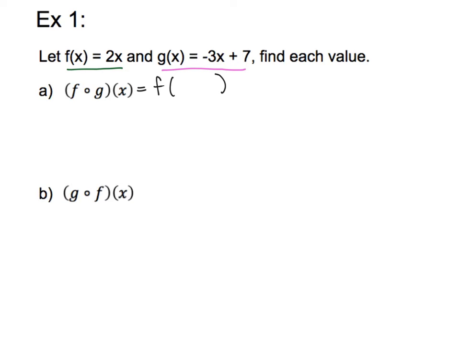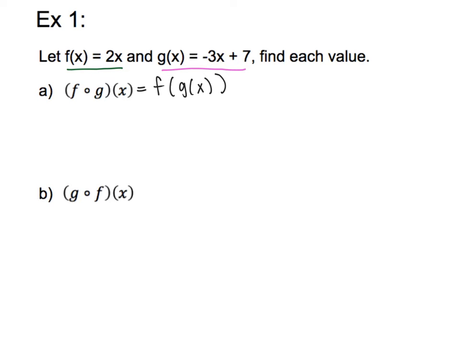It's my outer function. Inside, if I keep reading, g is next, so g is inside of f. And then x is in the inner core, the very middle. So all I've done is translate f of g into this parenthesis notation, which is much easier for me to solve.